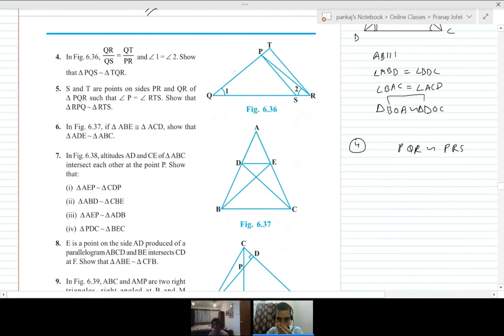PQR is similar to PRS by SAS because angle 1 is equal to angle 2 and QR by QS is equal to QT by PR.